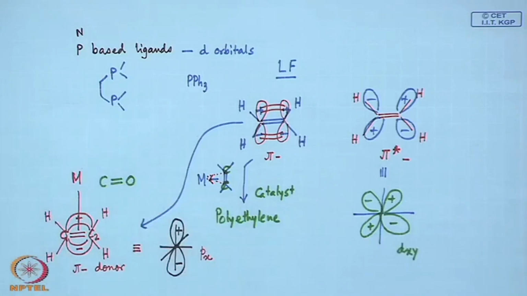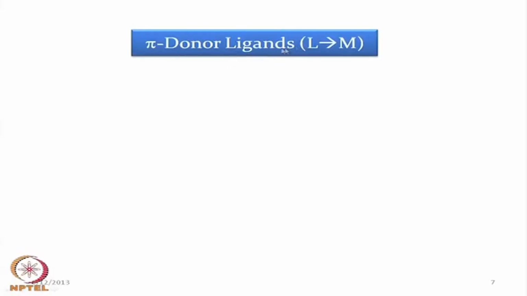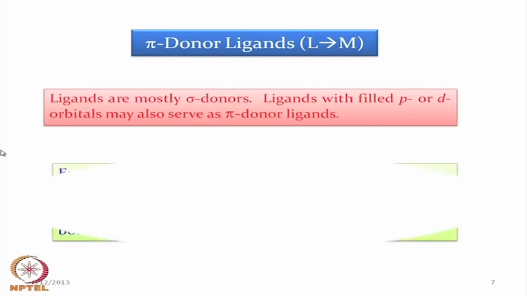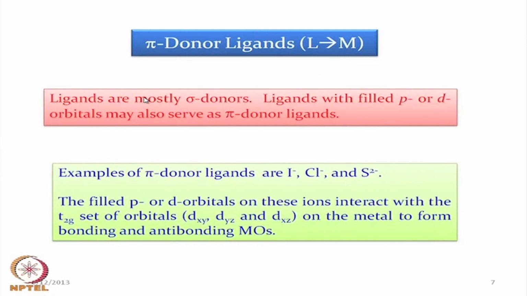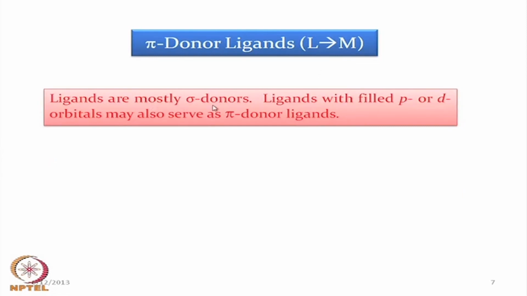So, if we go for the pi donor ligand system, that means the pi type electron density is available from the ligand side to donate to the metal orbital, which should be vacant. The ligands are mostly sigma donors, but we can have some other ligands that we consider as pi donor ligands.